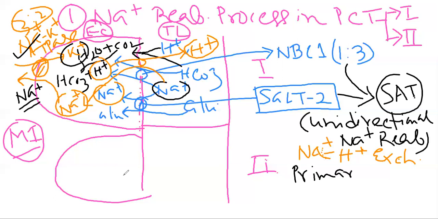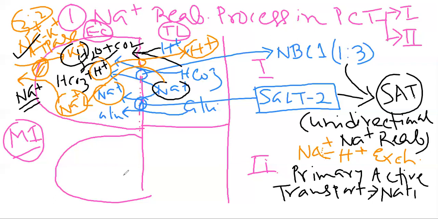So primary active transport is the process by which sodium ion will be reabsorbed from the basolateral site. Okay, so this is the thing you have to understand.